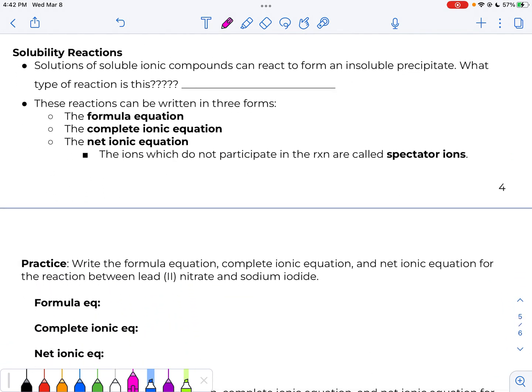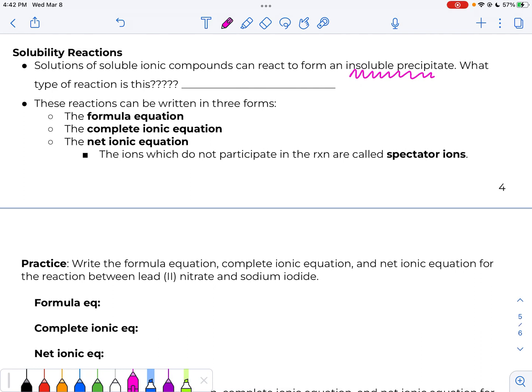Okay, here we go. Solubility reactions. So luckily, you guys will already be good at these because you've already seen them, you've already done them. Solutions of soluble ionic compounds can react. So you have two aqueous ionic compounds, and they're reacting to form an insoluble precipitate.